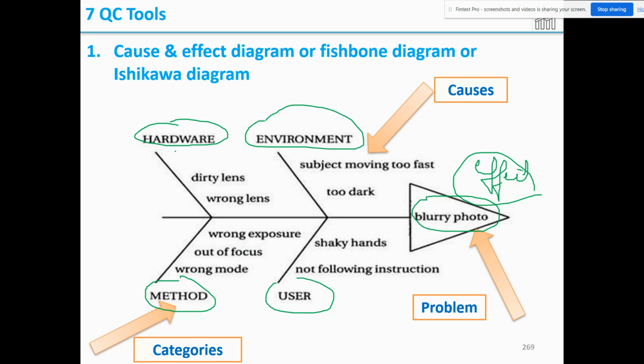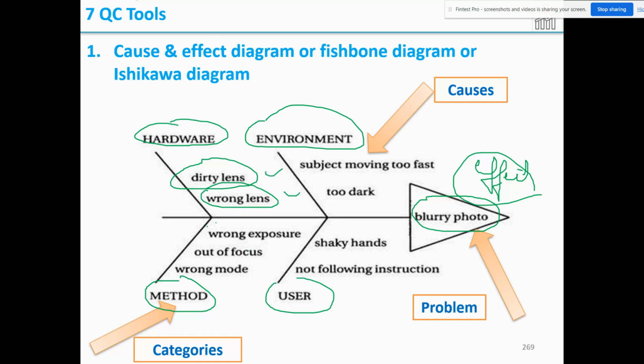In the hardware category, they have mentioned dirty lens. They're not saying the dirty lens is the root cause, it's a possible cause. If dirty lens variation is there, there is a chance a blurry photo can be created. Second one is wrong lens. If they use a wrong lens also, there's a chance of this.